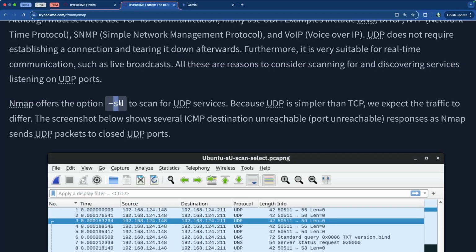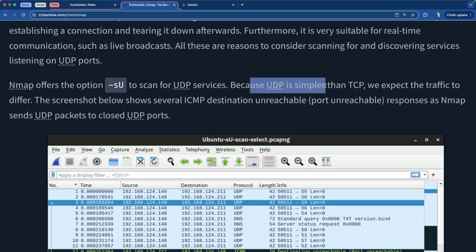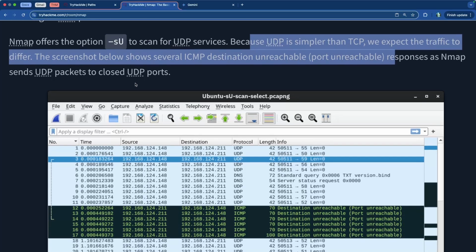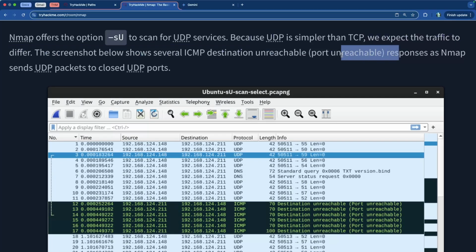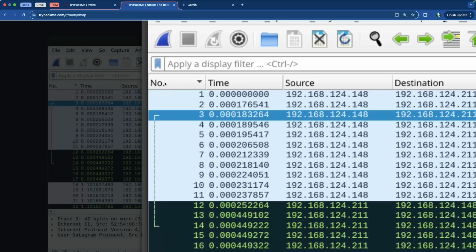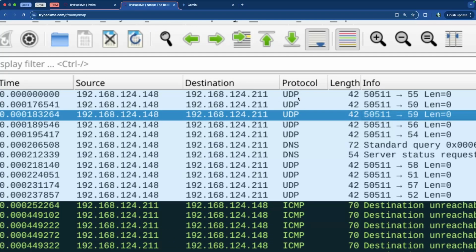The lowercase s, uppercase U is the scan for UDP services. Because UDP is simpler than TCP, we expect the traffic to differ. The screenshot shows several ICMP destination unreachable, port unreachable responses as Nmap sends UDP packets to closed UDP ports. So we can see the protocol has changed to UDP instead of TCP.